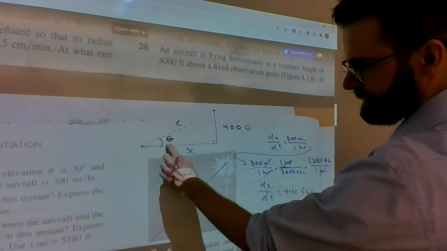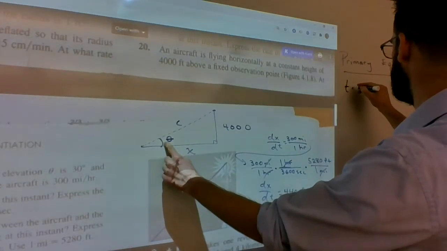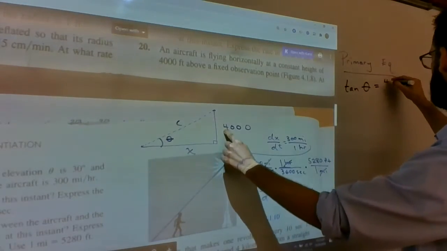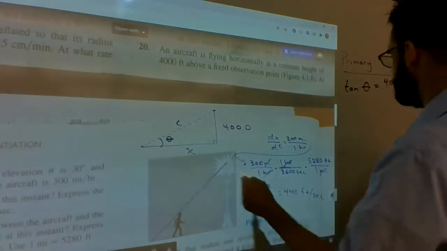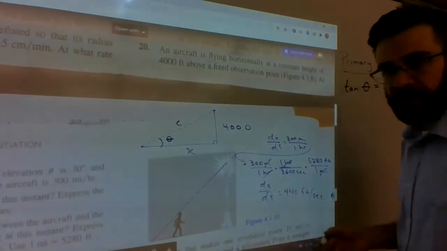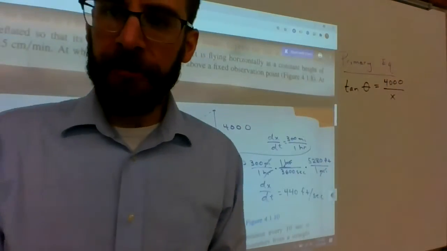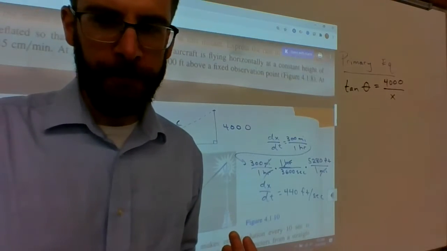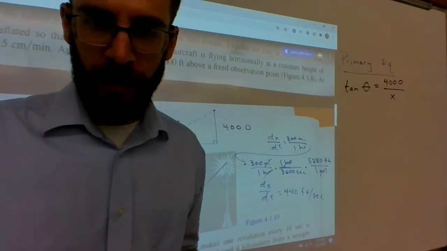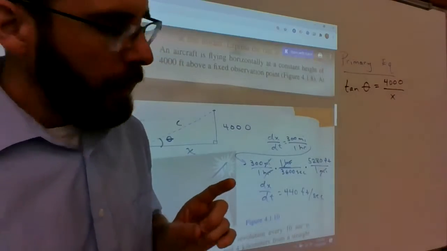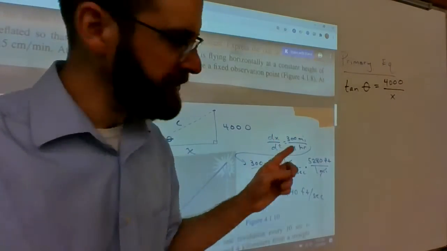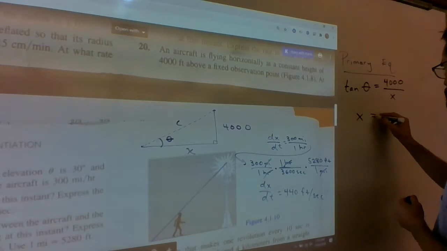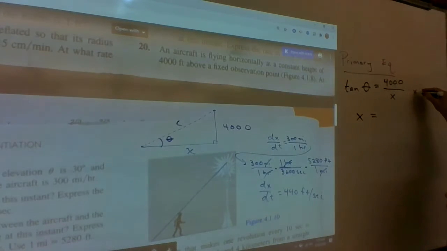So in class we talked about how tangent of theta is equal to the opposite side over the adjacent side. And that pretty much does it for us. Now there's a couple different ways in which to visualize this equation. I don't know what works best for you guys, but I was thinking about it and I thought, what if I multiply the x to the other side? So times x.